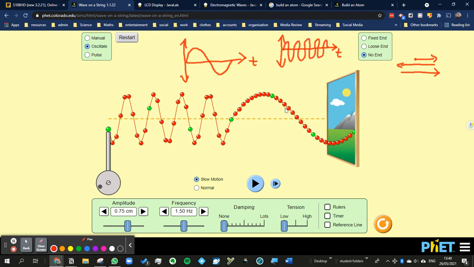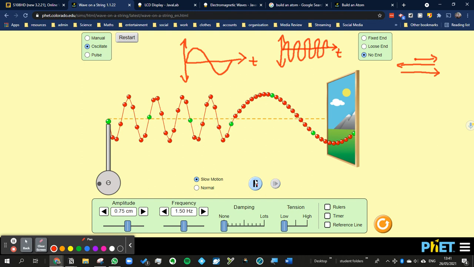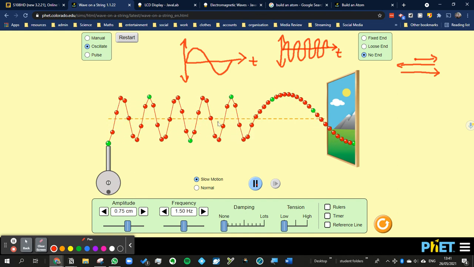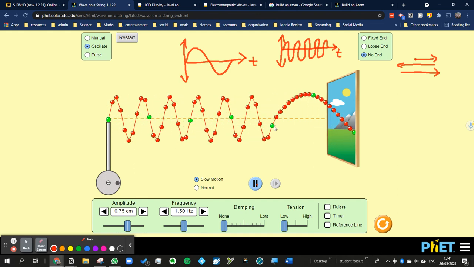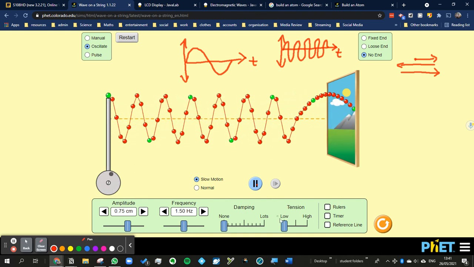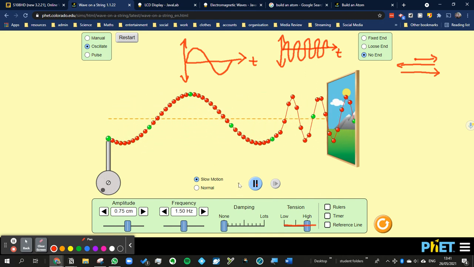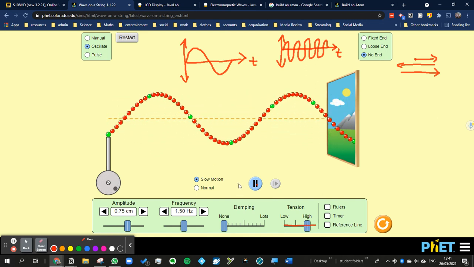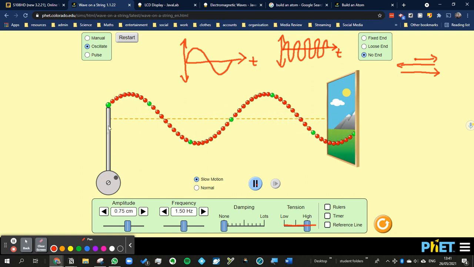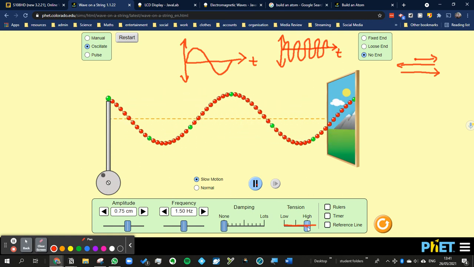But if we're looking at what the wave itself looks like, it wouldn't necessarily be close together, as I've just demonstrated here. I didn't change the frequency, but they've got close together. The reason for that is because the wave is now traveling more slowly. When I change the tension back to high, the wave travels more quickly. The frequency stayed the same in each case.